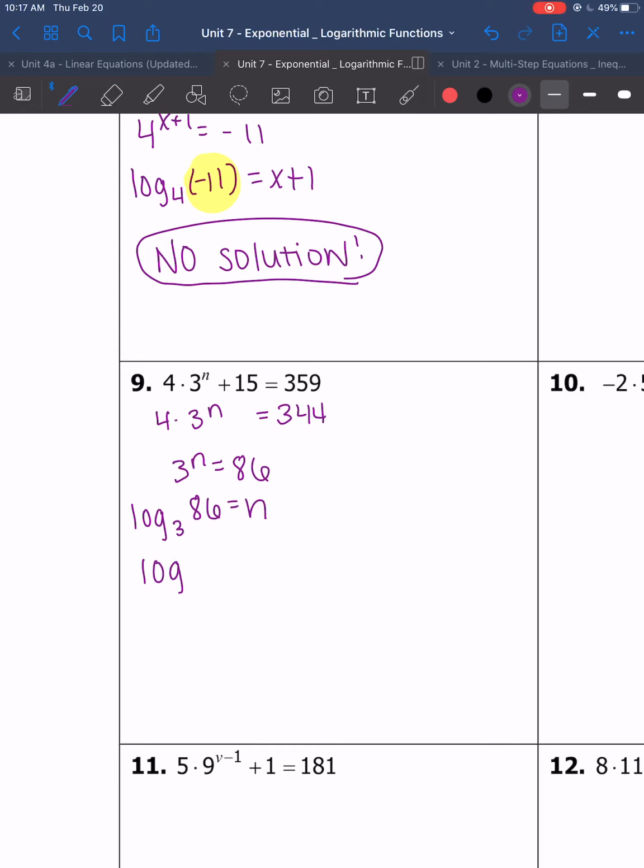So log of 86 divided by log of 3, not base 3, just 3, equals n. n is equal to 4.0545.